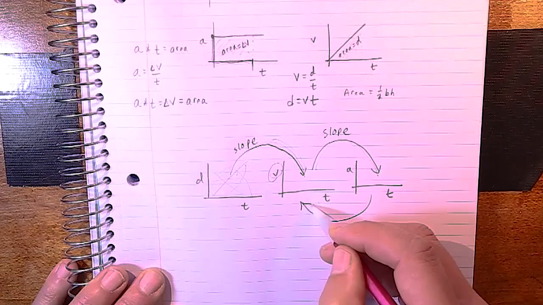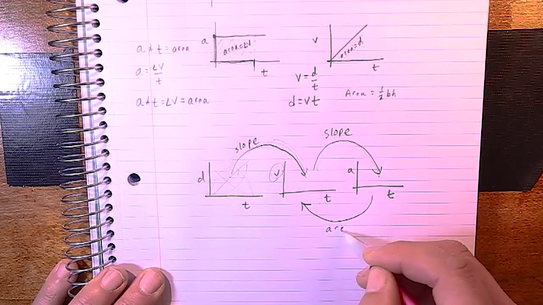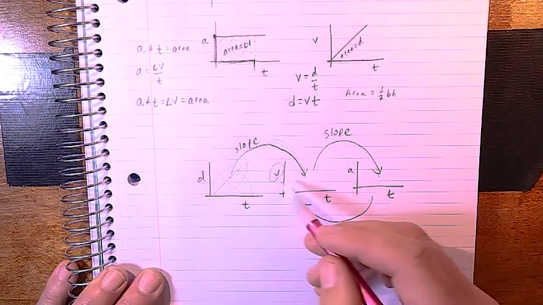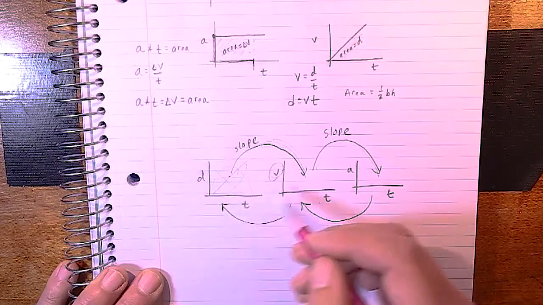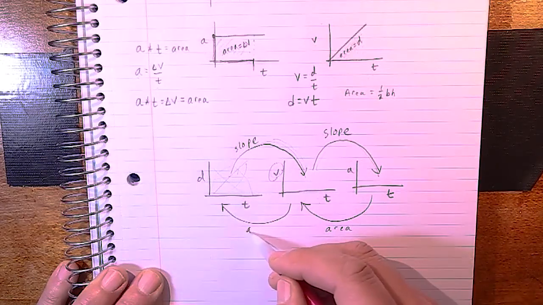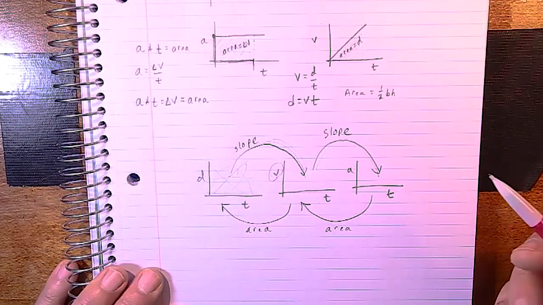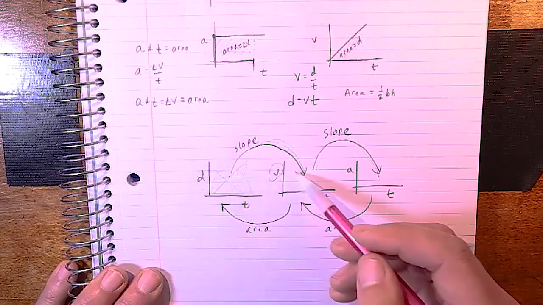Working backwards, the area of an acceleration time graph is equal to the change in velocity, and the area of a velocity time graph is equal to the displacement. In calculus, this idea of finding the slope is the instantaneous slope.